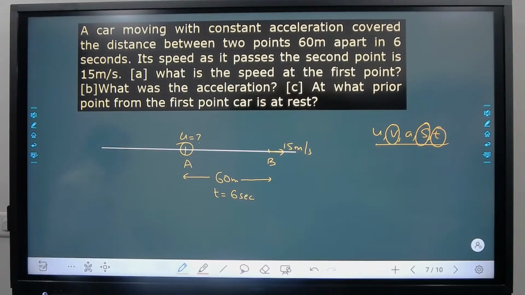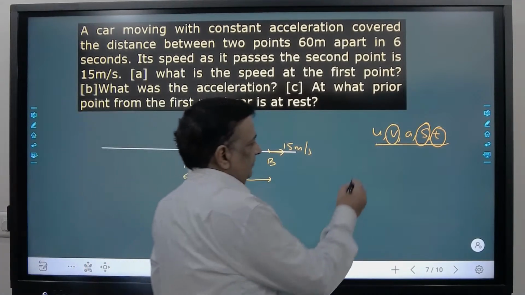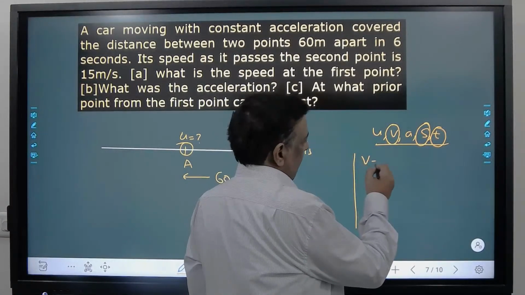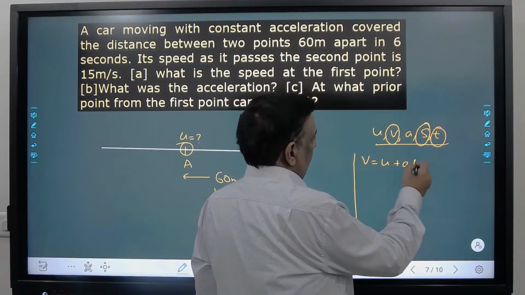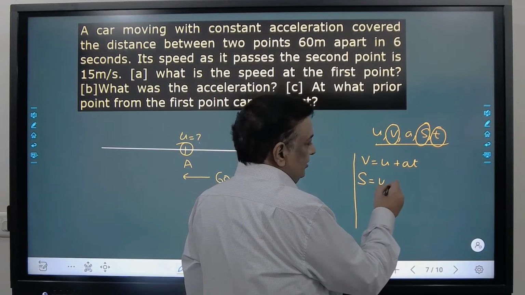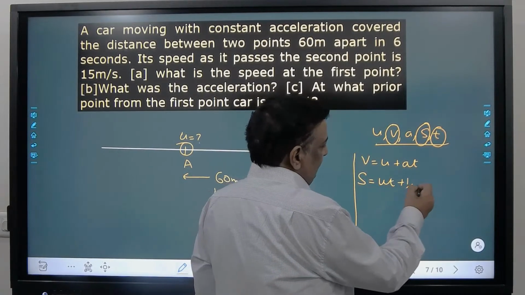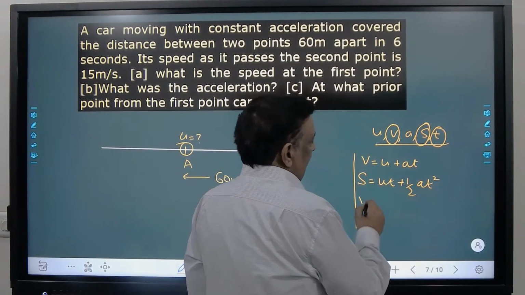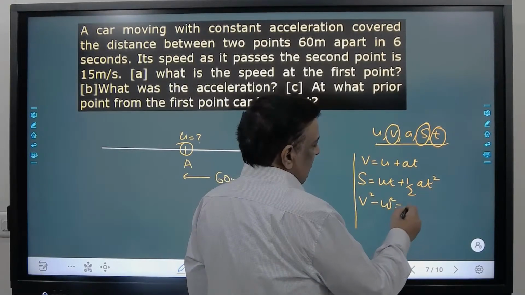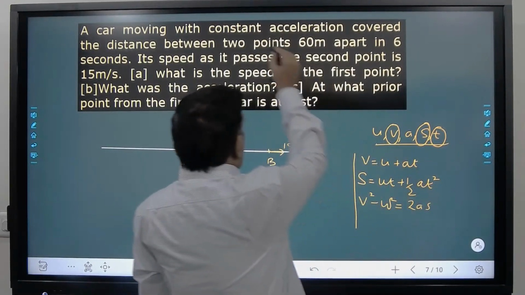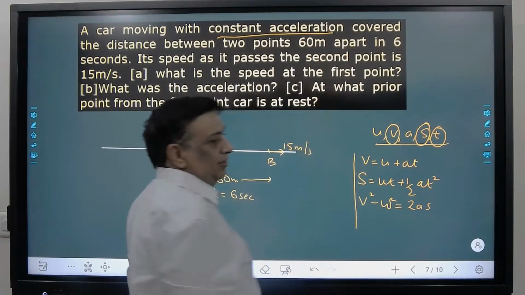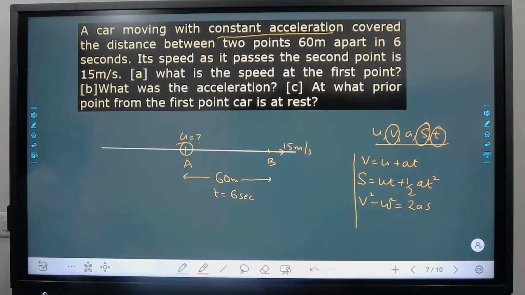So first we have the equations of kinematics, and these equations can only be applied if a is constant. If a is variable, you cannot use these equations. We are given that constant acceleration is there, so you can use any of these 3 equations to find the result.